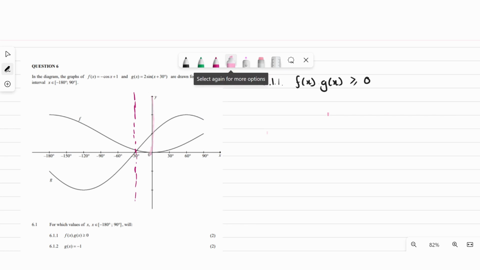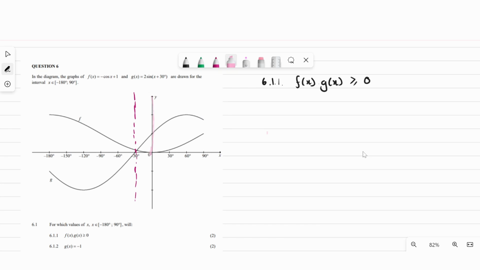So now what we're looking for is when f of x and g of x multiply together to give us a positive, right? So when does that happen? When you multiply two graphs and it gives us a positive, both graphs need to be in the positive y-axis, or vice versa, both graphs need to be in the negative y-axis, because a negative multiplied by a negative gives us a positive.